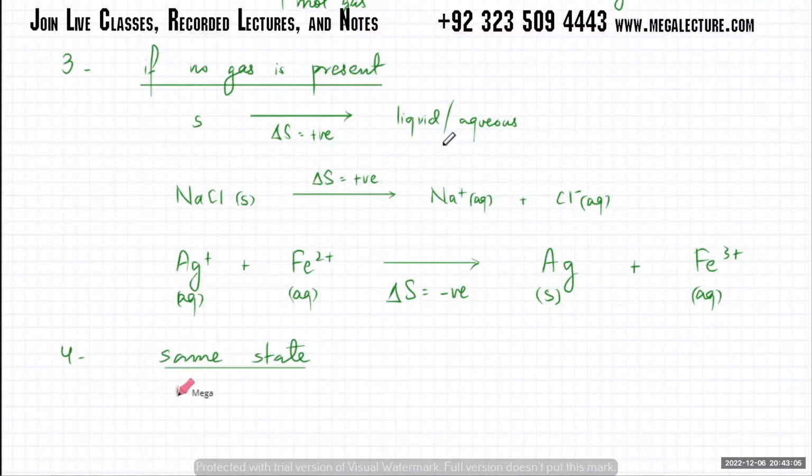If fewer particles turn into more particles, then there's an increase in entropy, and vice versa. Okay? So they turn into more particles. That is going to be called delta S being positive.